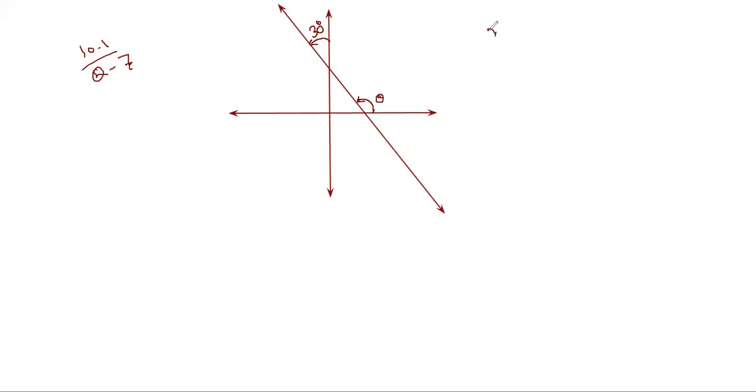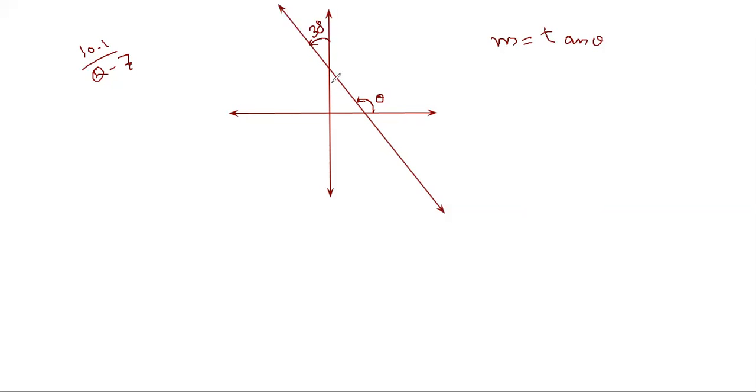So the slope of this line m is equal to tan theta, the tan of the angle which the line makes with the positive direction of x-axis. So this angle we have to find out.